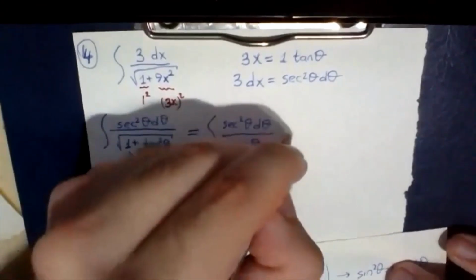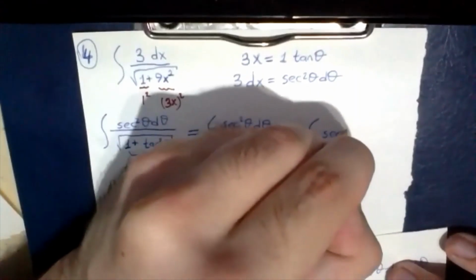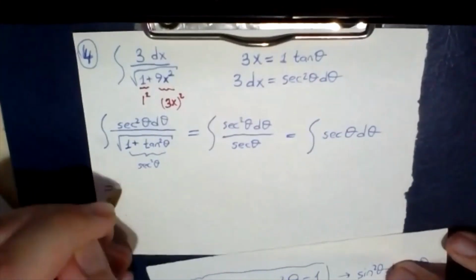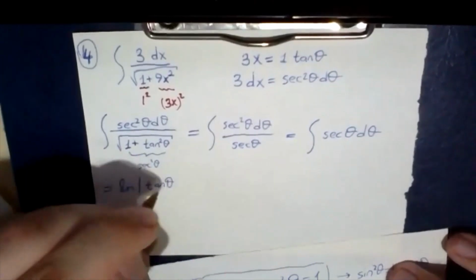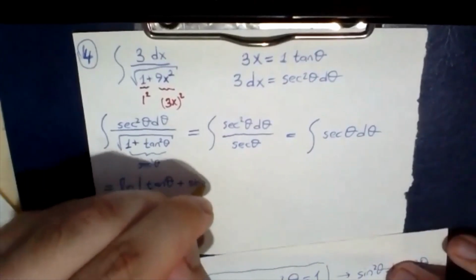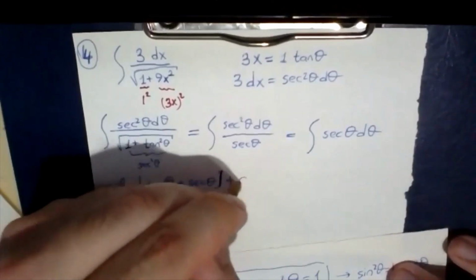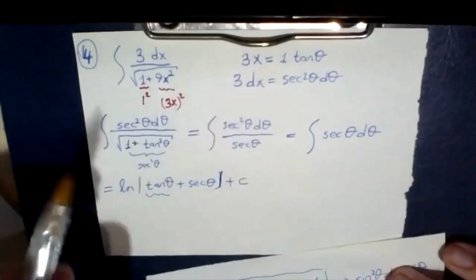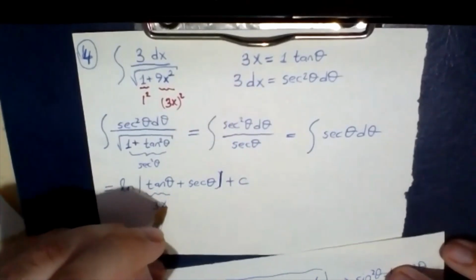Then our integral will be integral of secant theta d theta, and it is equal to ln tangent theta plus secant theta plus a constant. And tangent theta, we can read from our substitution, is equal to 3x.